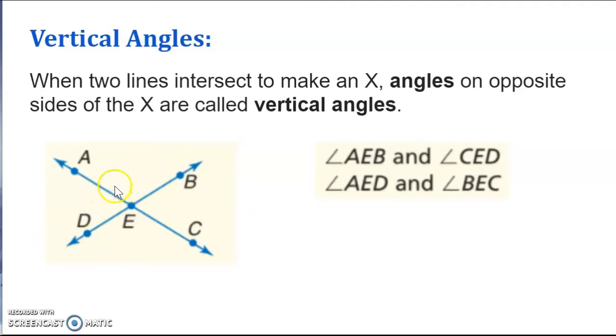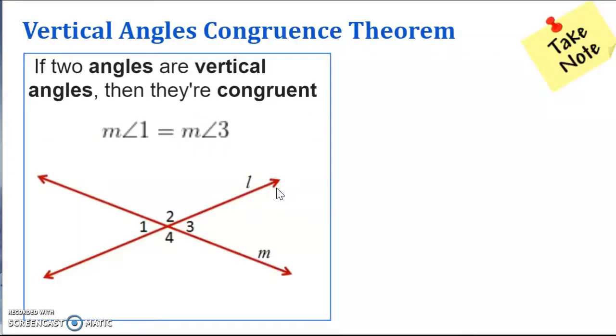Likewise, this angle and this angle are opposite each other, and so they are called vertical angles. What's special about vertical angles? The vertical angle congruence theorem tells us that if two angles are vertical angles, then they are congruent. That means the measure of angle 1 is going to be the same as the measure of angle 3.